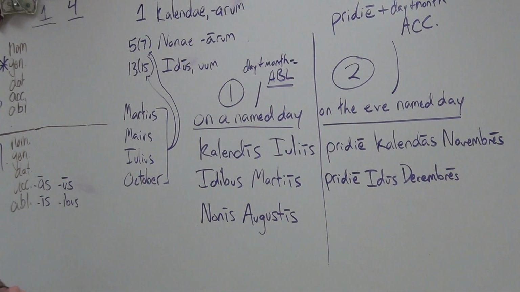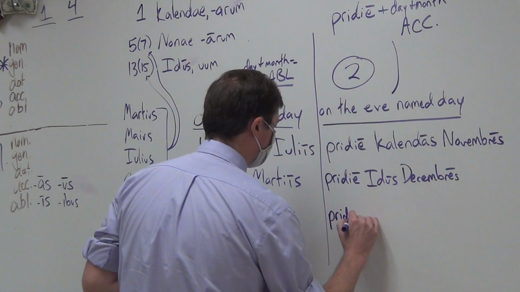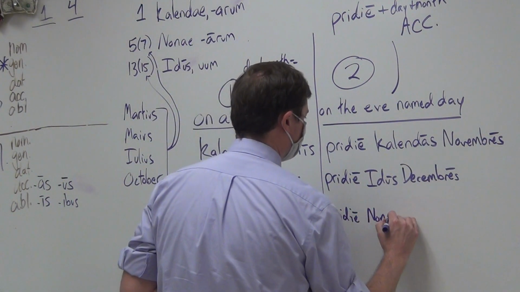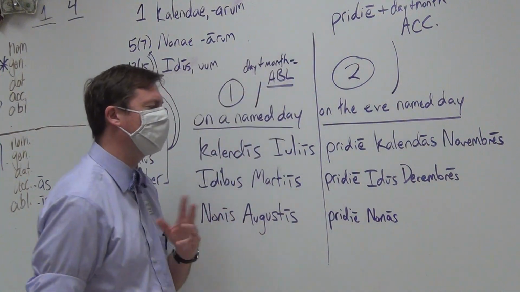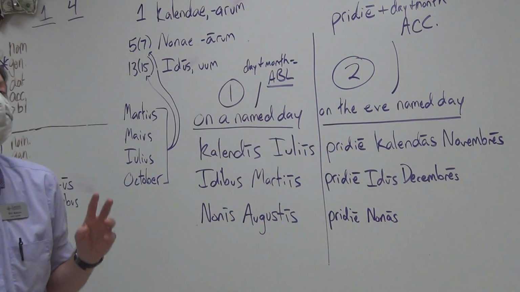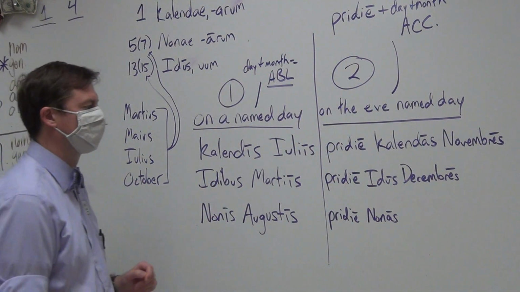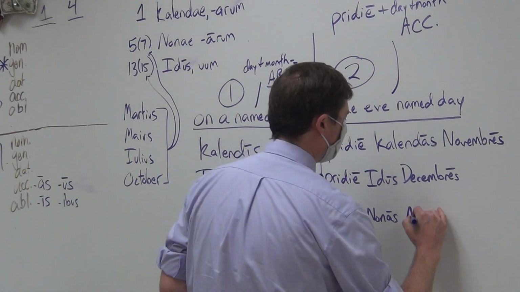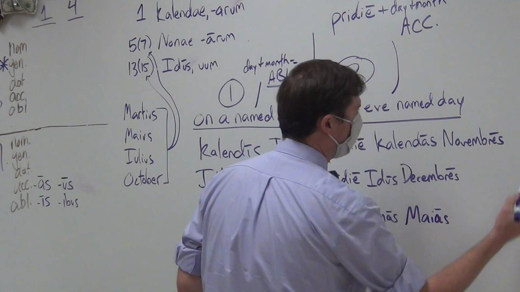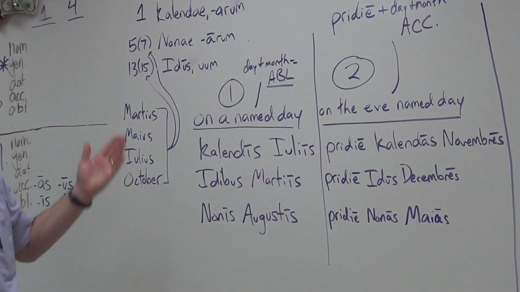So May 6th will be translated into Latin as pridie nonas. Again, this merely means on the day before the nones. That could be any of the nones, all 12 of them throughout the year. But which one are we talking about if it's May 6th? We're talking about the May nones, in which this is a first and second declension adjective: Maias.